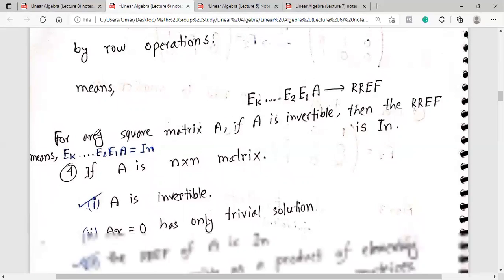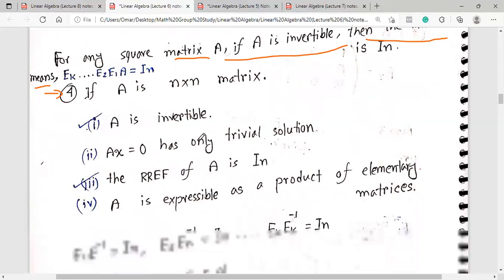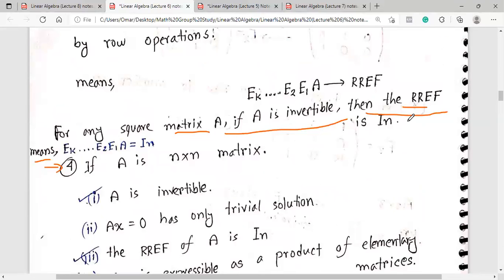But before that, there is some condition to find the inverse matrix. For any square matrix A, if A is invertible, then the reduced row echelon form, or RREF, is I to the power n.